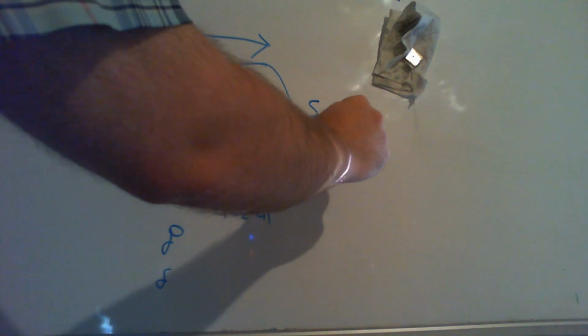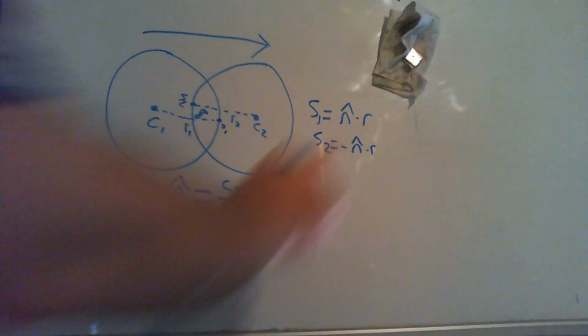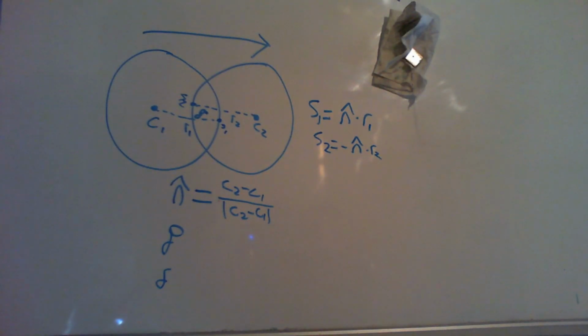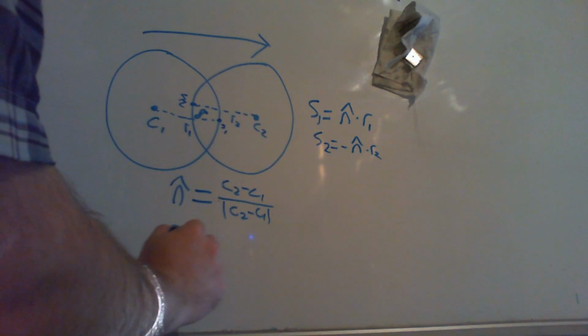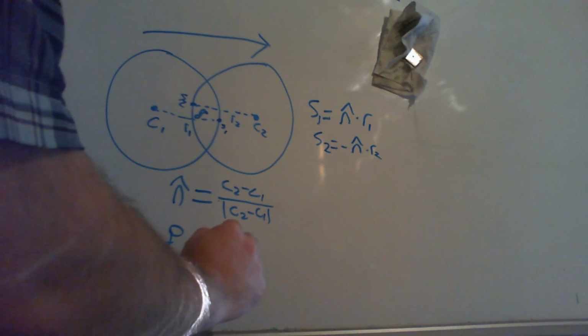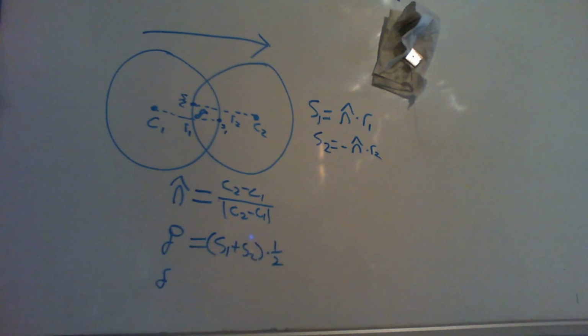And then S2 is in the inverse of the contact normal. And they're each using their own respective R's. So when we have S1 and S2, we can go ahead and just say that P is S1 plus S2 times 1/2.